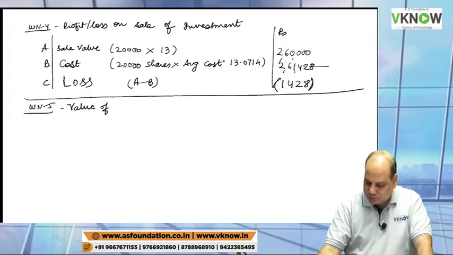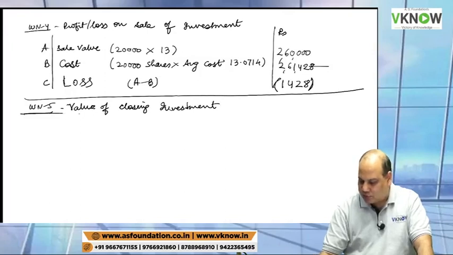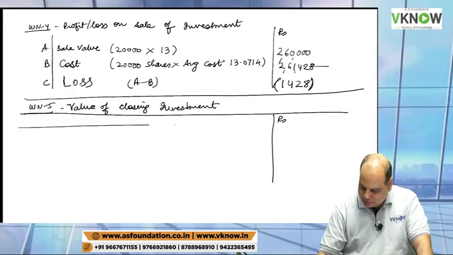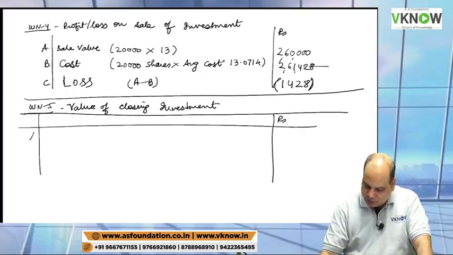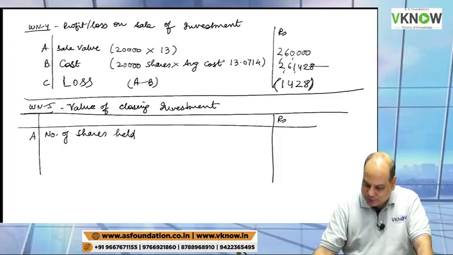One last working note, number 5: value of closing investment. A, first we'll write down number of shares held. Opening balance was 20,000.